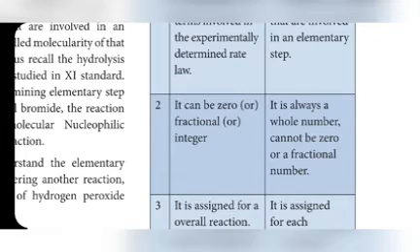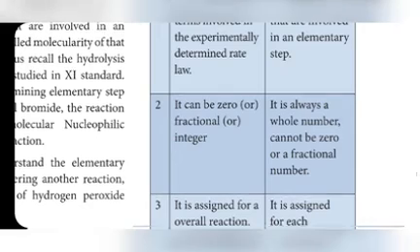The order of a reaction may be 0, fractional or an integer, that is a whole number. Molecularity is always a whole number; it cannot be 0 or a fractional number, because molecularity is the total number of reactant species involved in an elementary step.